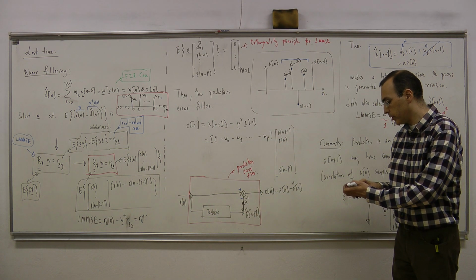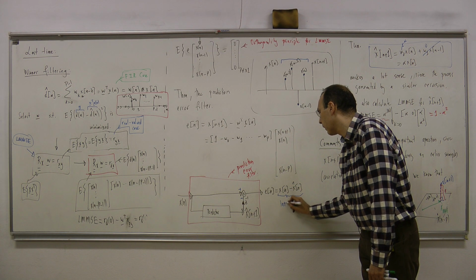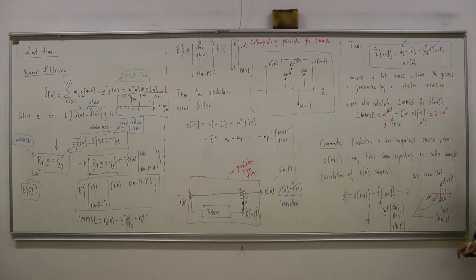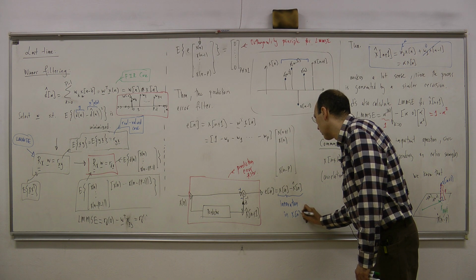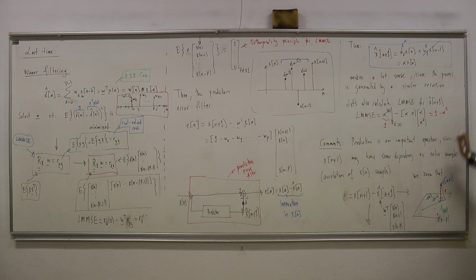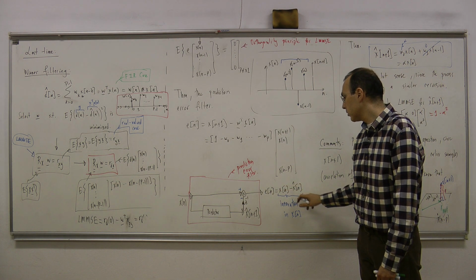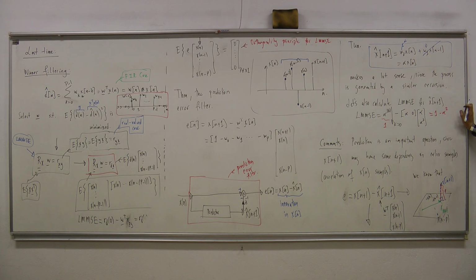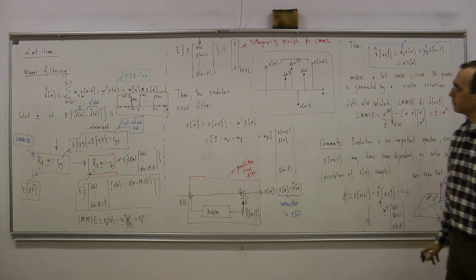So this is essentially what is called the new information, the innovation, the novelty in x of n. All of the predicted part is subtracted, and the prediction error filter is also called the innovation filter. So it's generating the novelty in the x of n sample.